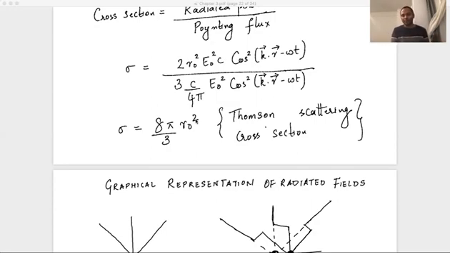So imagine a beam of energy coming in: that energy is subtracted from the direction of the beam, and then it's emitted in the pattern of dipole emission. That's at the heart of what Thomson scattering is.